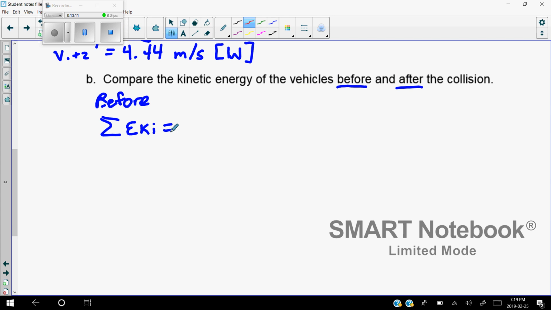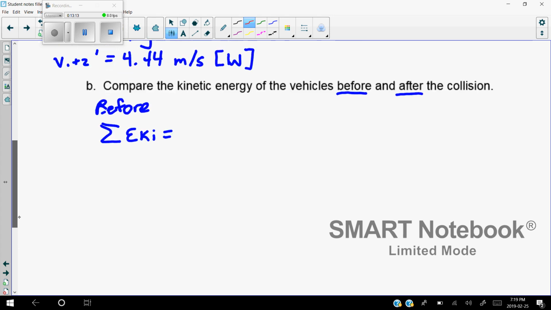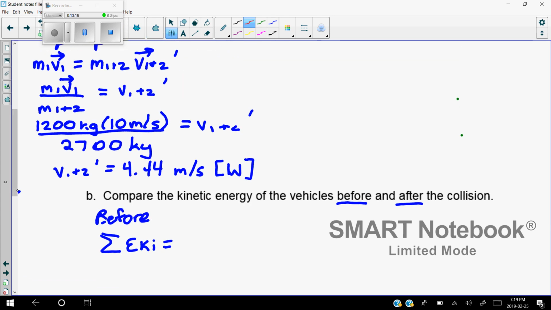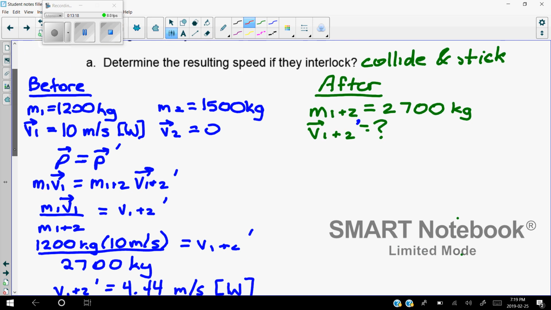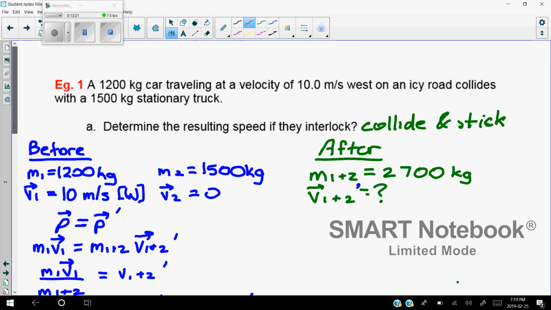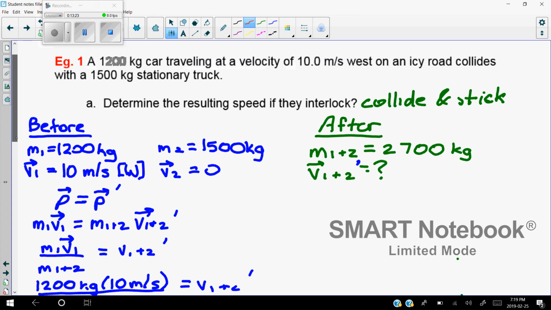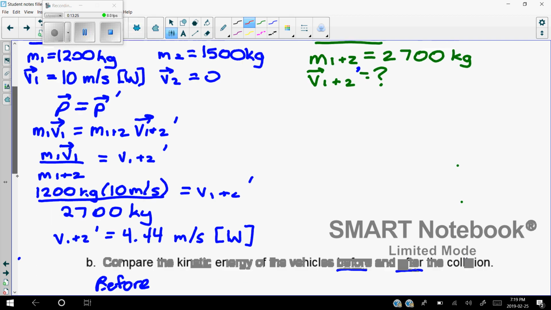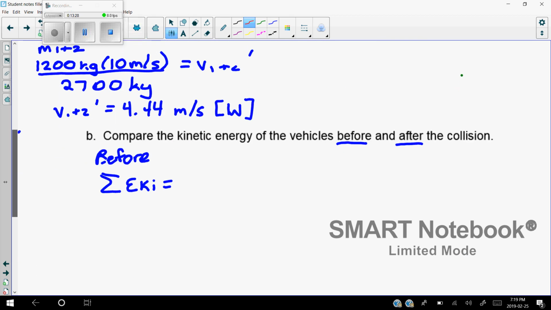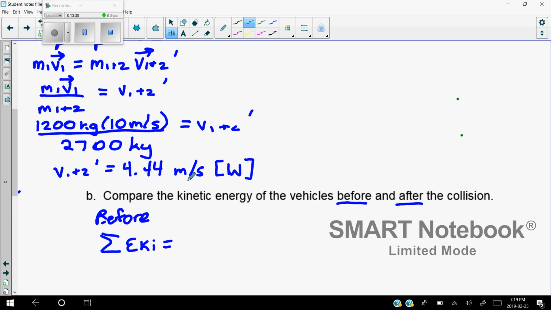In this case, the only thing that has kinetic energy at the beginning was our, I believe it was a car. So the truck did not have any kinetic energy, so I don't need to include it in the sum. So in this case, the sum is only going to be 1/2 m1 v1 squared. So we do not need to include the mass of the second car.